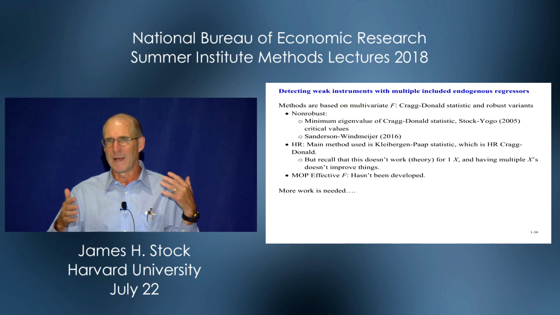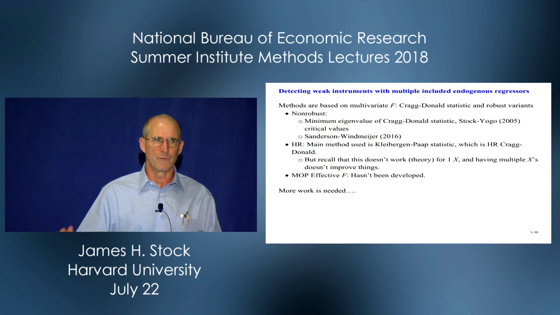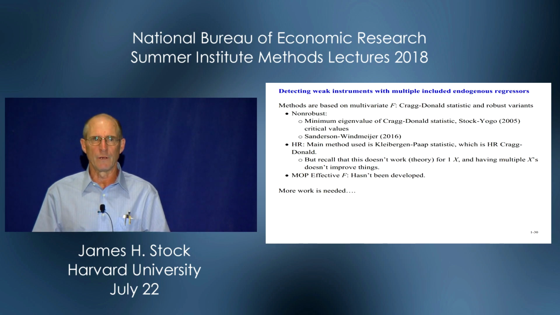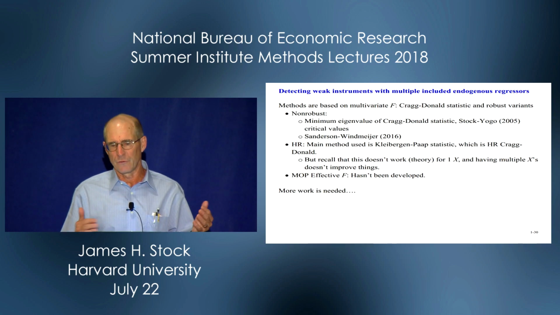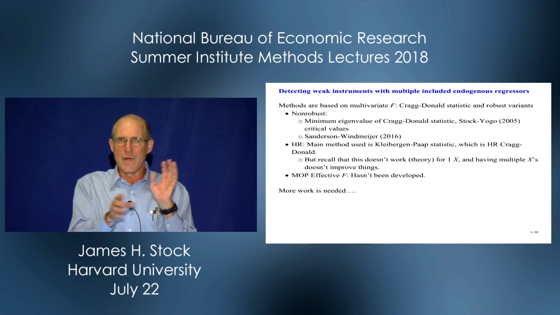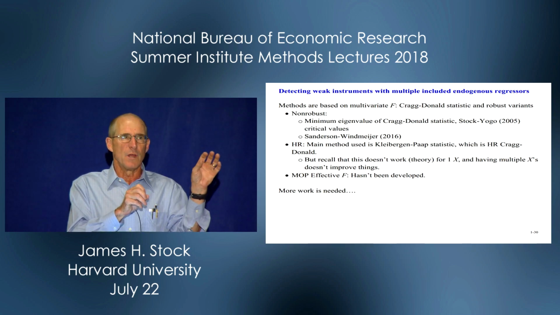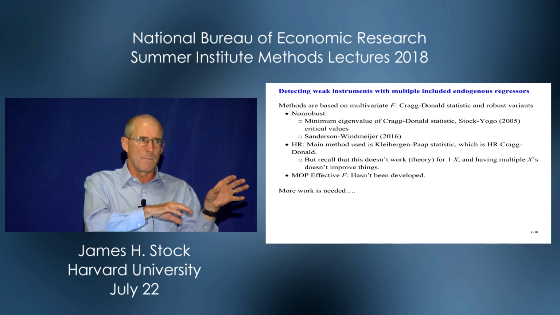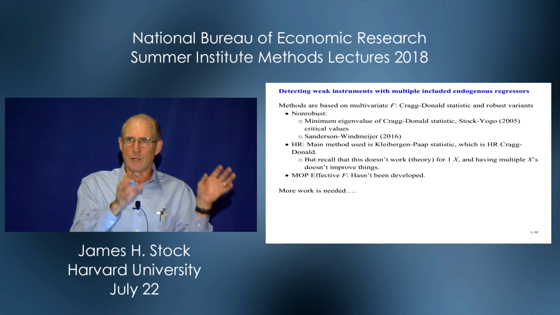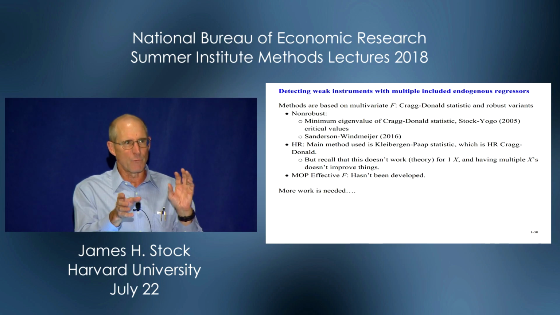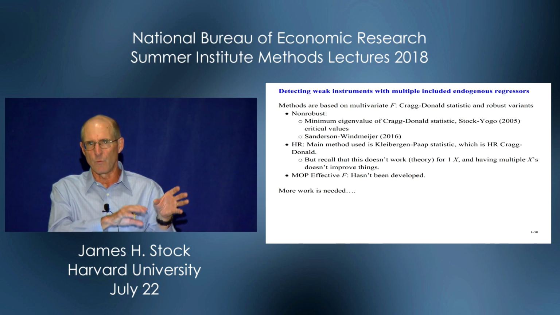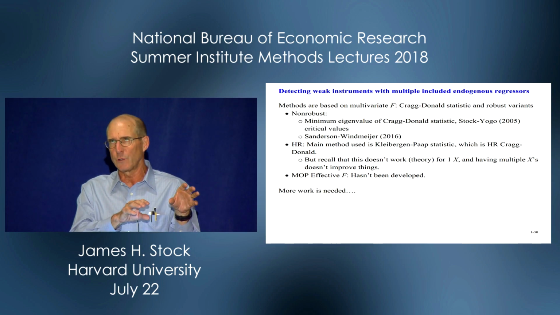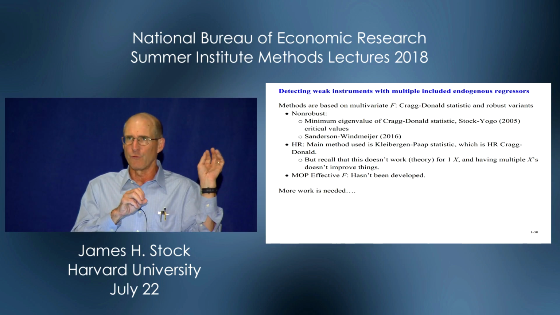There's the minimum eigenvalue of a Cragg-Donald statistic. There's a related thing that Sanderson and Windmeijer have proposed. The question is, do you think you have one good instrument and one bad instrument? Do you think all of the instruments are bad? If you have more than one included endogenous regressor, is one of them identified?